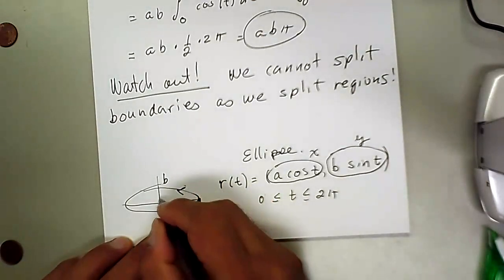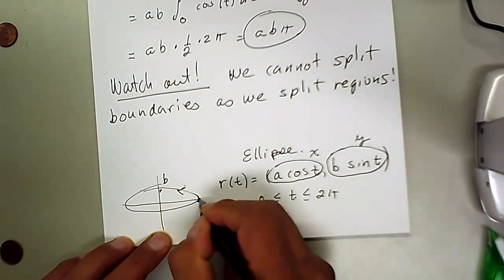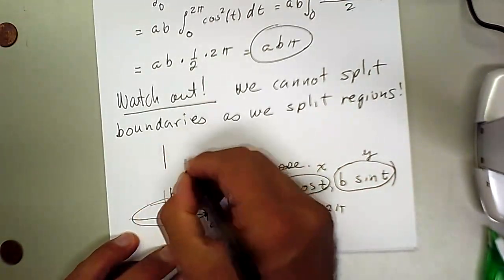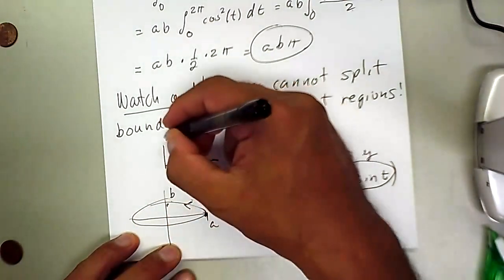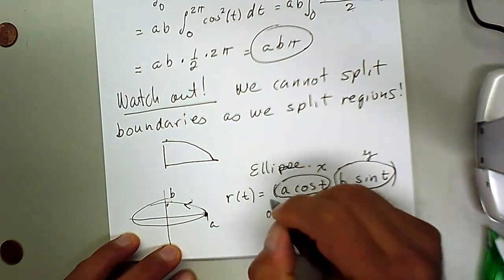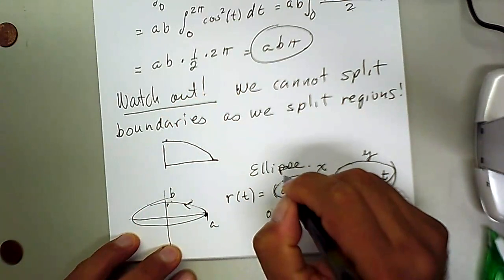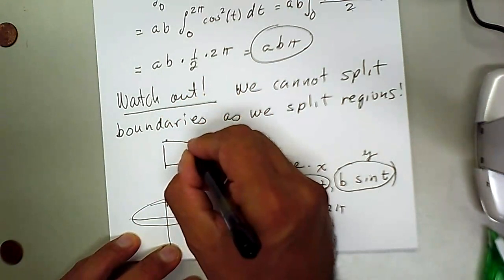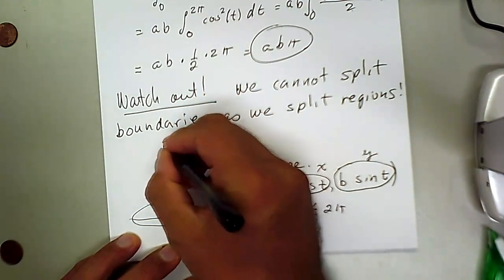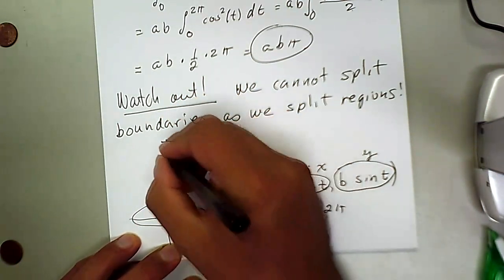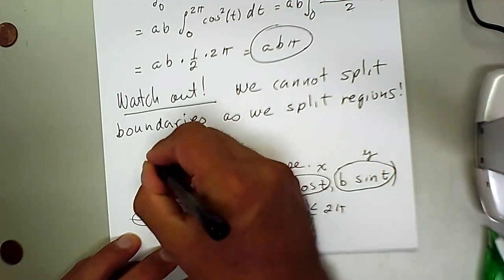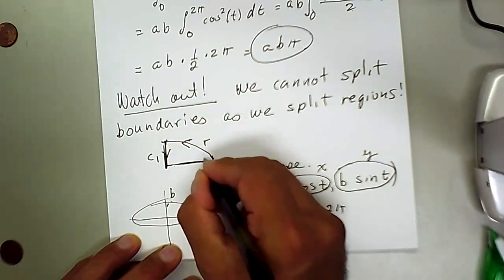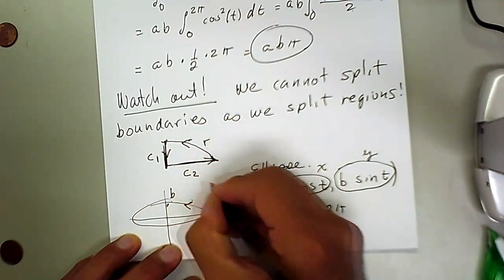If we were going to do just a quarter, which did make sense when we did the double integral, well, if we're using Green's theorem, then we have this portion from 0 to 2 pi of this r, but then we also have this, which we can call C1 going down, and then this that has to be added, which would be C2.